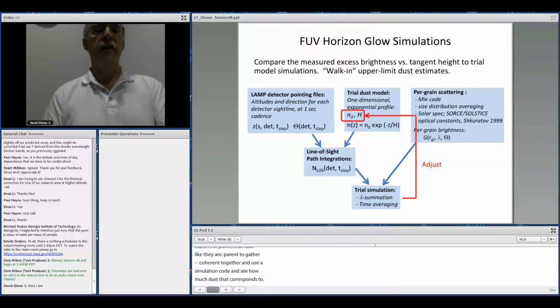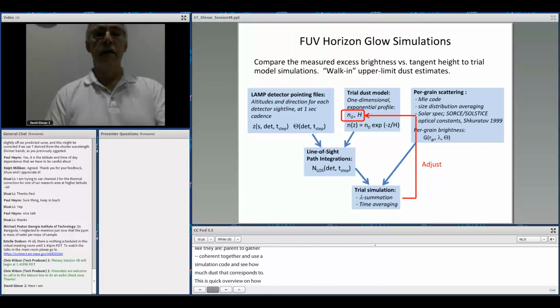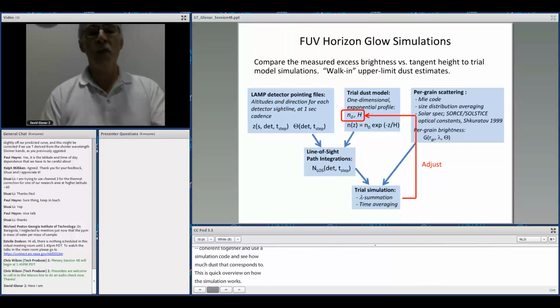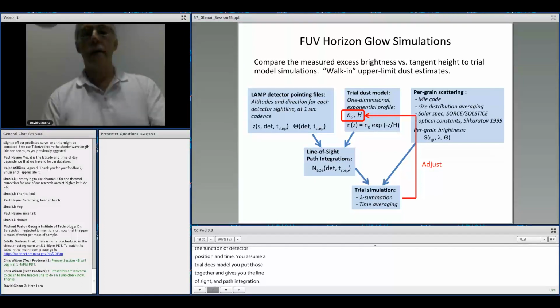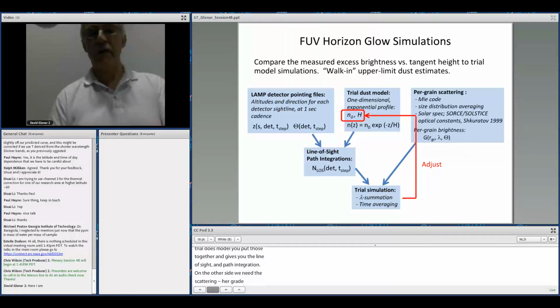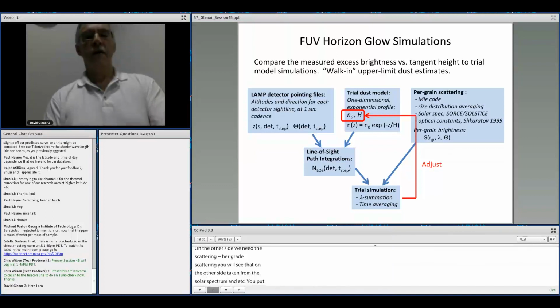We have the complete detector pointing file matrices on the one side as a function of detector position and time. If you then assume a trial dust model, you put those together and it gives you the line of sight path integrations. On the other side, we need the per grain scattering. That's taken from the solar spectrum, source SOLSTICE, et cetera. And you put those together and you come up with a trial simulation.